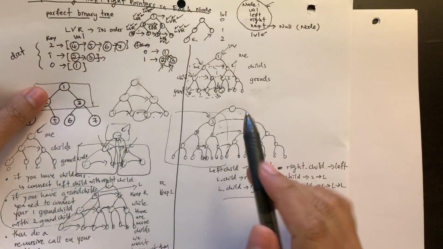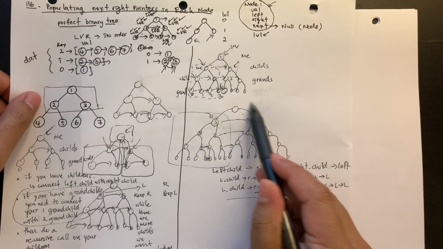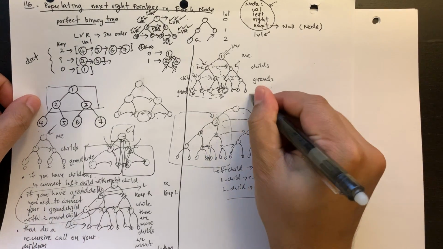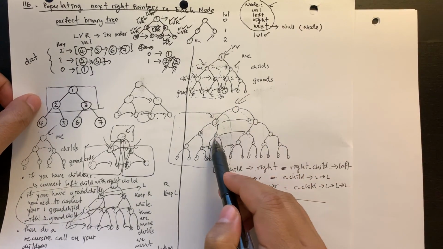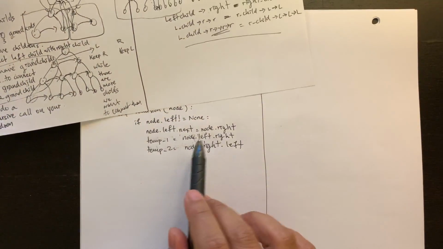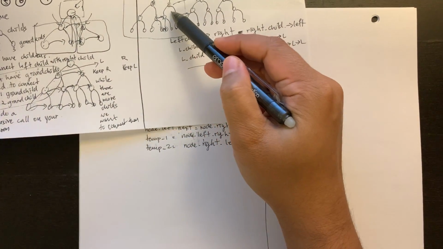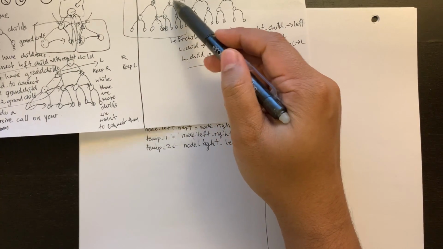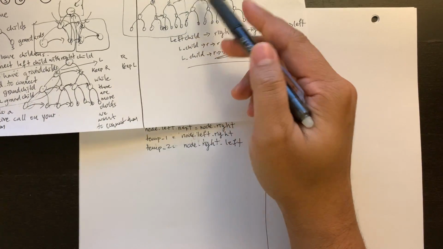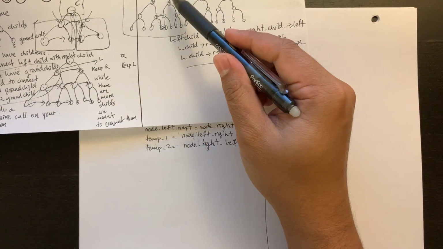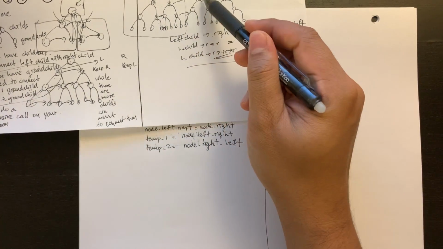So let's say that we are on this stack frame. What we're doing right here is node.left, so the left child, and then we look at right. If this exists, we want to connect temp1, which is this node, to temp2.